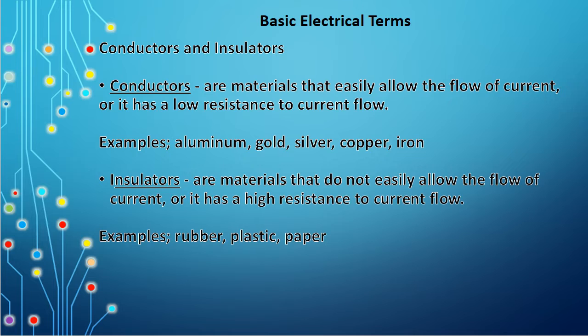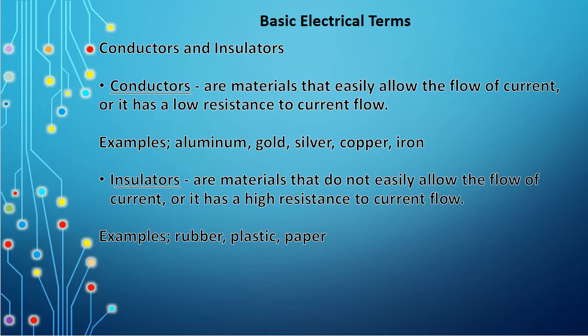So the difference between conductors and insulators: when we touch aluminum and make it contact with electricity, then we will be electrocuted if we hold aluminum, gold, silver, copper, or iron with the electricity.